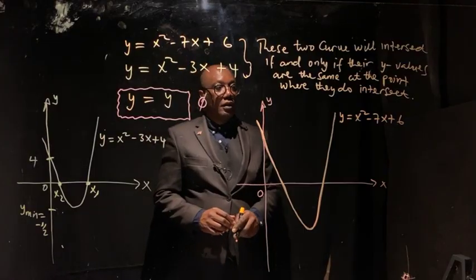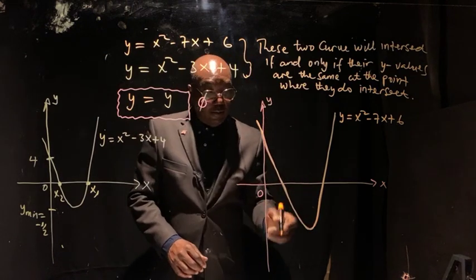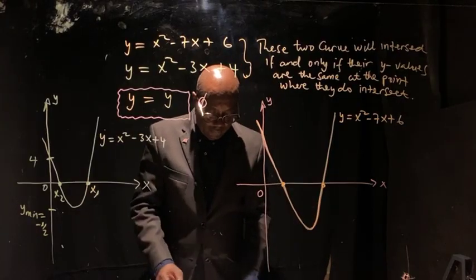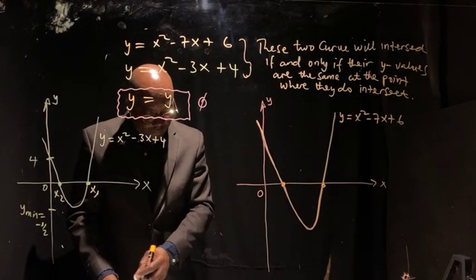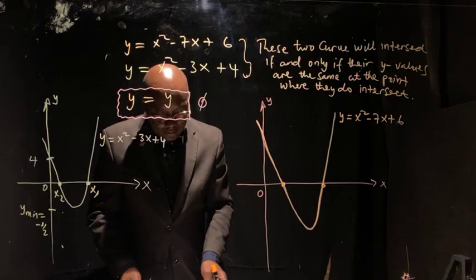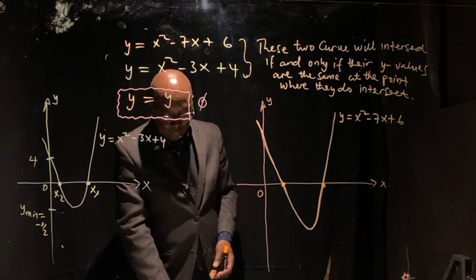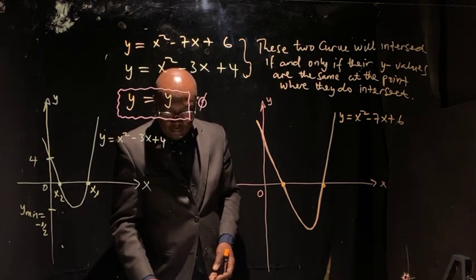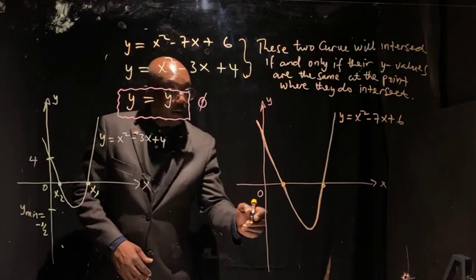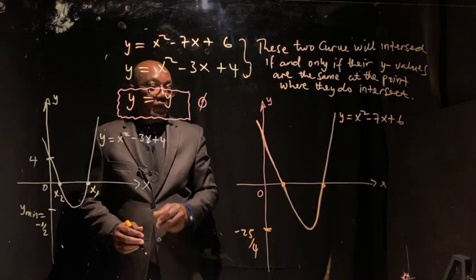And the second one, the first one, we found out that the y minimum was minus 25 over 4. Very good.